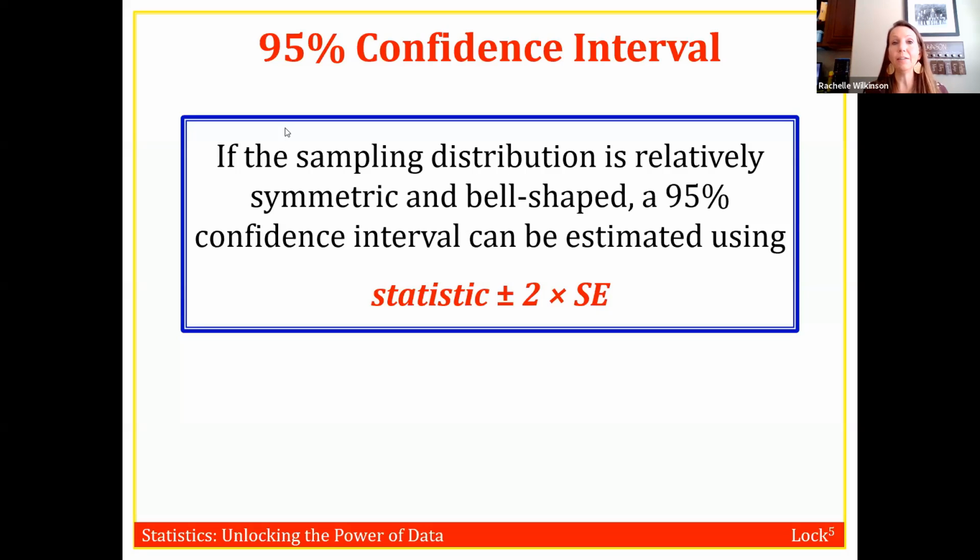And we're going to call it a 95% confidence interval, because if you remember when we talked about the confidence level, we said it's our success rate. Using this method, we're going to have a success rate of 95%. We're going to get an interval that contains the true value of the parameter 95% of the time. So to do that, we're going to take our statistic plus and minus 2 times the standard error.